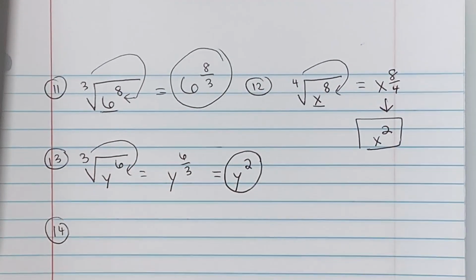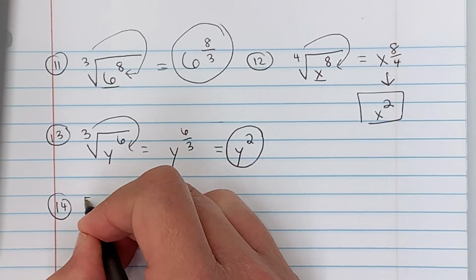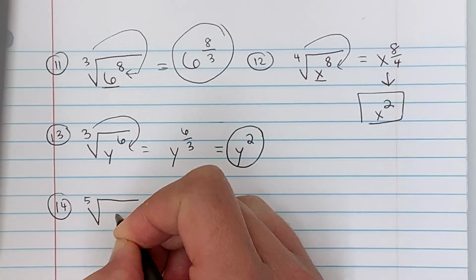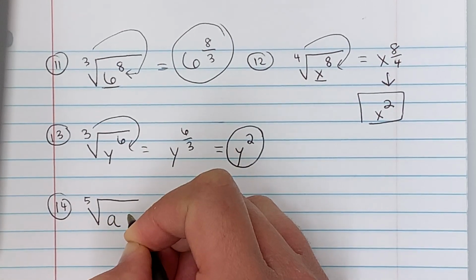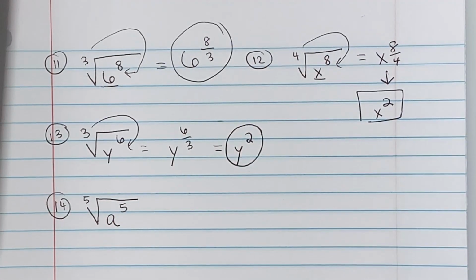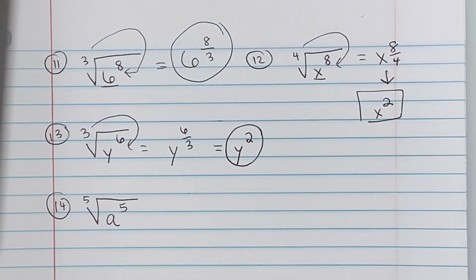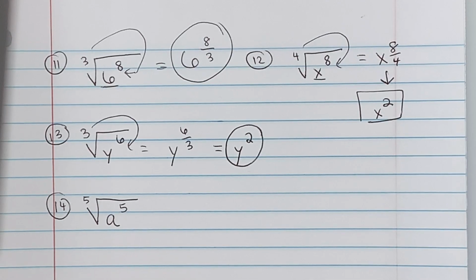All right, let me give you one to do on your own. Number 14. We're gonna do the 5th root of a to the 5. Okay, take a minute to do that one, and then we'll check your work. All right, let's see how you did.